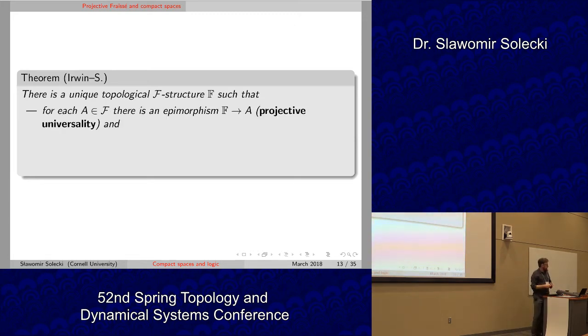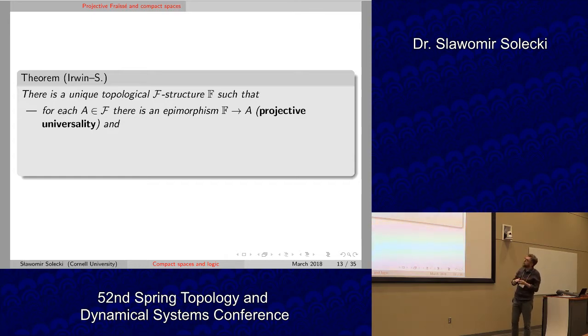And projective ultrahomogeneity. So this is a homogeneity with all the arrows flipped. So if I have F and I go from F to the same structure A by f and g, then I can permute F by an automorphism and close the diagram.